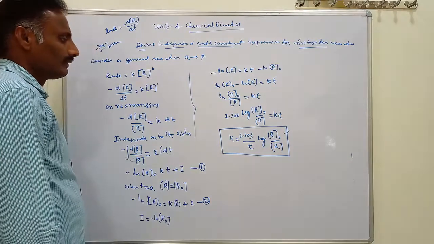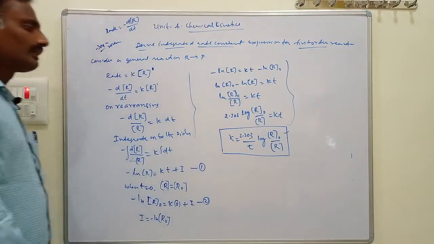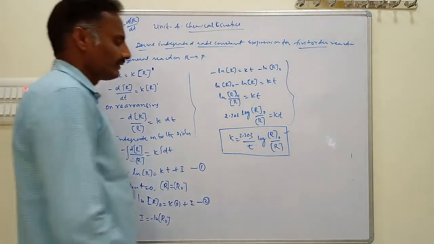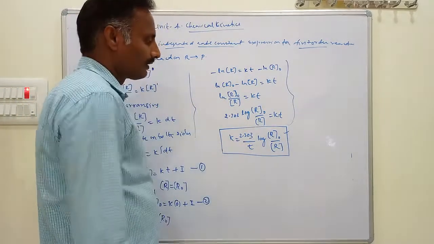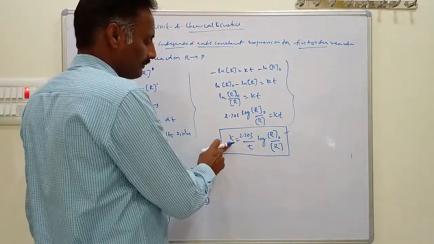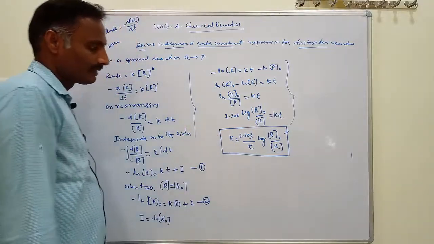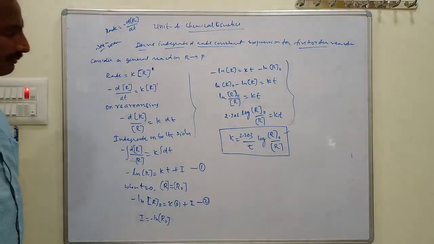After getting the rate constant expression for the first order reaction, we will also derive the half-life period expression for first order reactions, by using this expression.